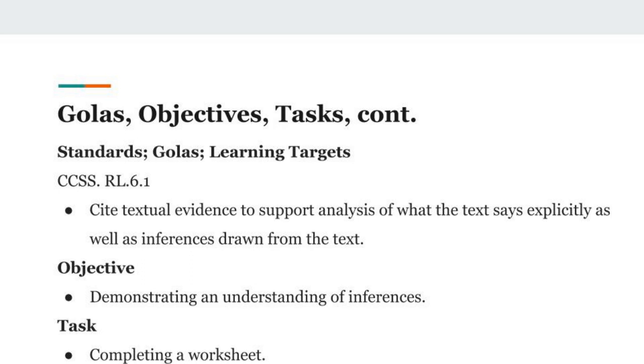To teach students about each skill and sub-skill, then this standard needs to be narrowed down and objectified. One of the objectives could be for students to demonstrate an understanding of inferences. And one of the tasks which could help students meet the objective could be completing a worksheet based on a text that they read.